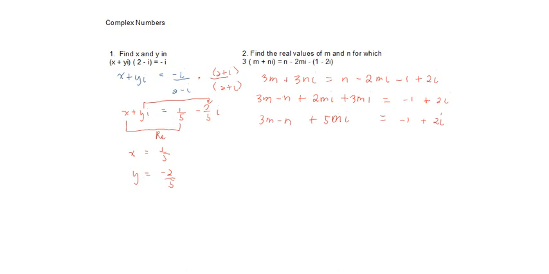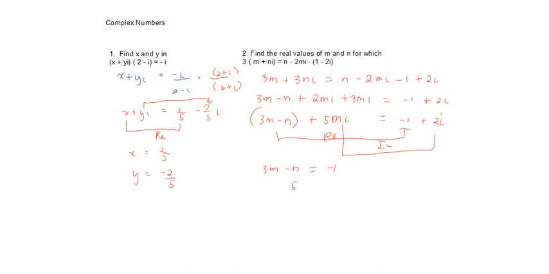An important thing that you must remember when you are faced with this kind of problem is to find which one represents the real part and which represents the imaginary part. So here we have this as the real part, and then this is our imaginary part. So we can say that our 3m minus n equals negative 1.